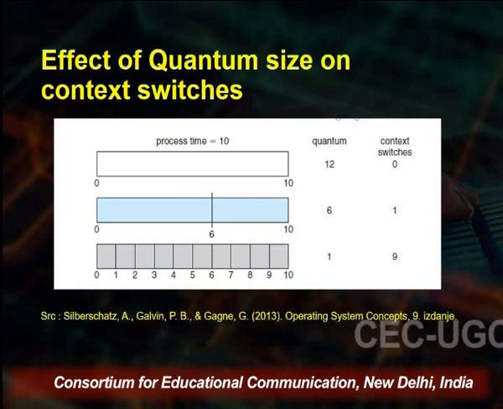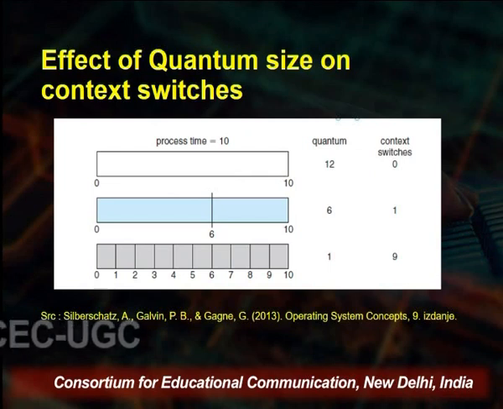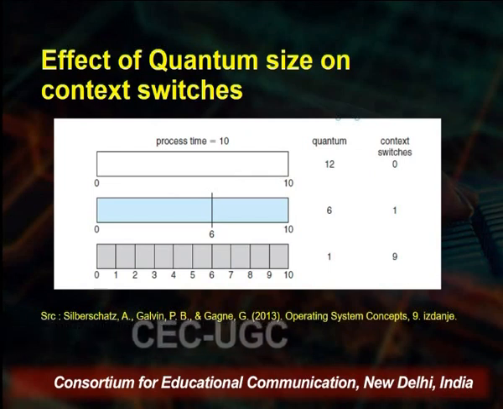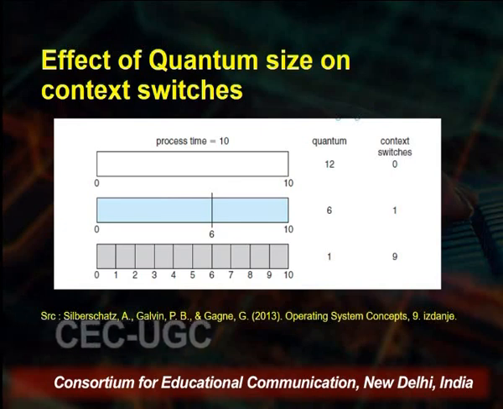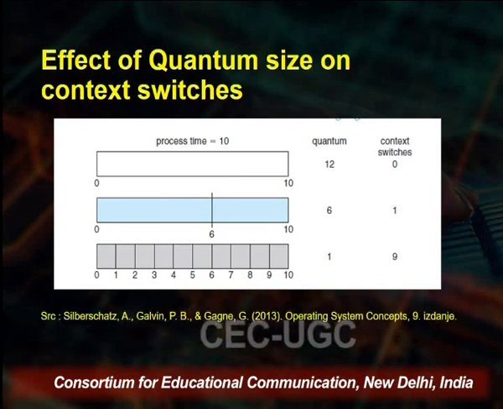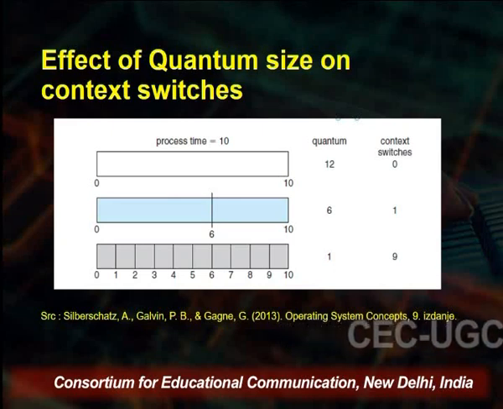Another could be if your quantum is 6 milliseconds, and your process requires 10 milliseconds. There will be 1 context switch because the process will have the CPU for the first 6 milliseconds. After that, the CPU will be given to another process and then this process will have to wait. So, if you have it for 6, then there will be 1 context switch.